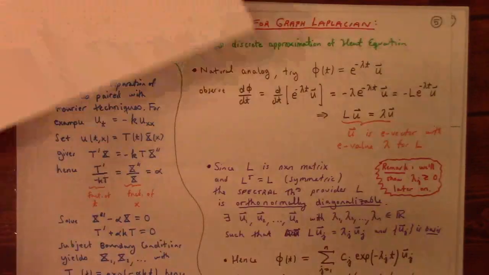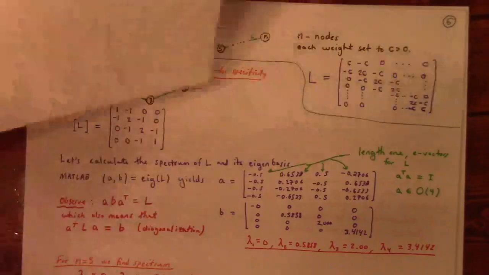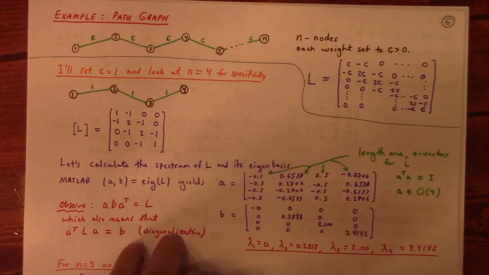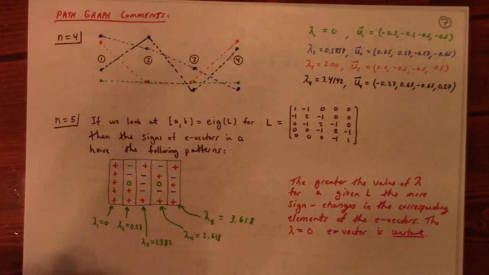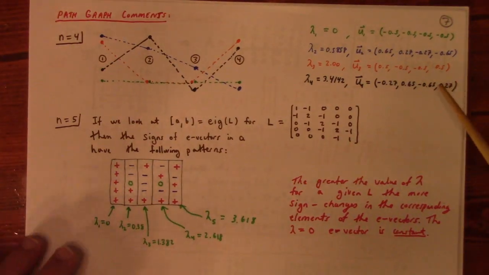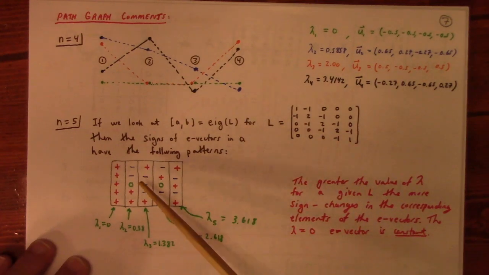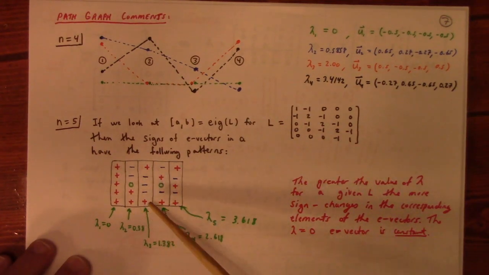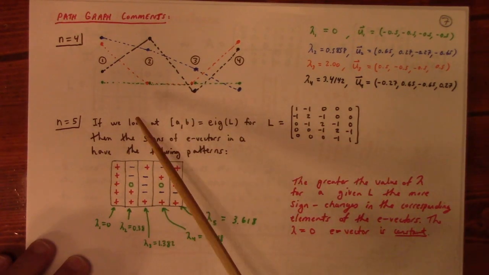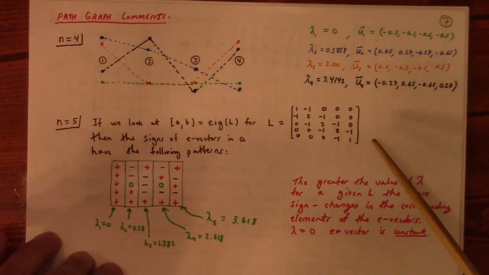I believe after we motivated some of the physical underpinnings of this, we saw some specific examples, and we noticed this plus minus pattern in the eigenvectors for the path graph. We'll come back to that today.